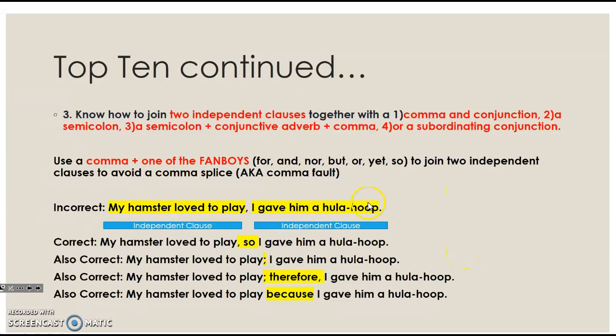Probably the biggest issue I see is this rule here. Know how to join two independent clauses. Independent clauses are complete sentences. So there are basically 4 to 5 ways actually to fix this problem. If you want to join them together, you can do number 1, a comma and a conjunction. Number 2, you can use just a semicolon.